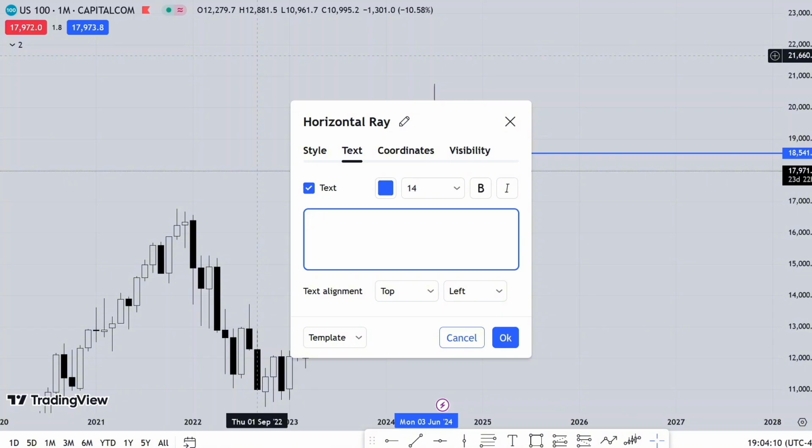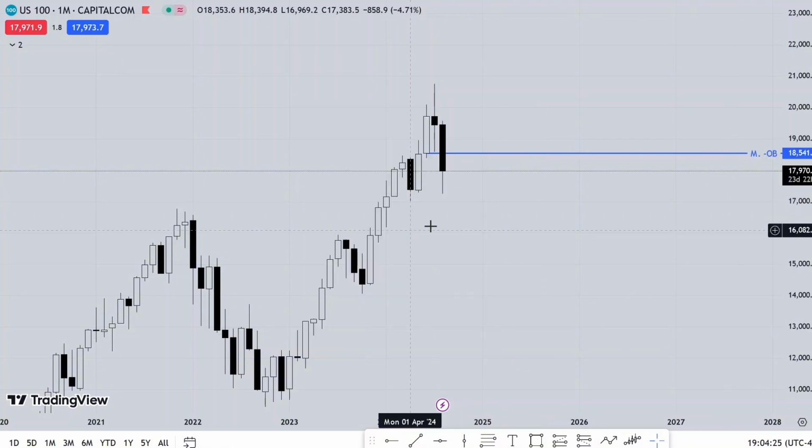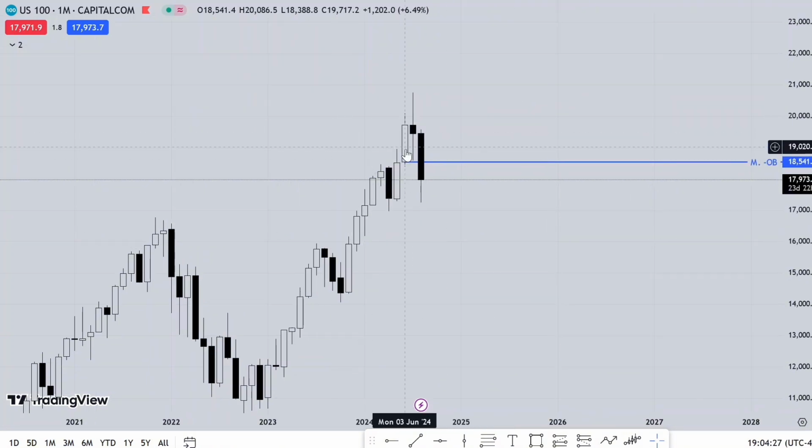We'll call this the monthly bearish order block. Right here we have the monthly bearish order block. Another PDRA I can see here is this week, the midpoint of the week, which is an imbalance, which is the consequent encroachment.